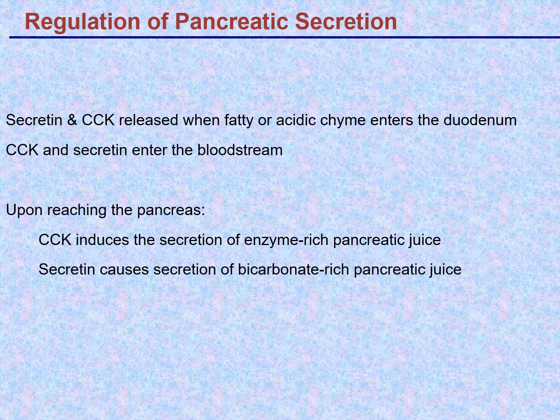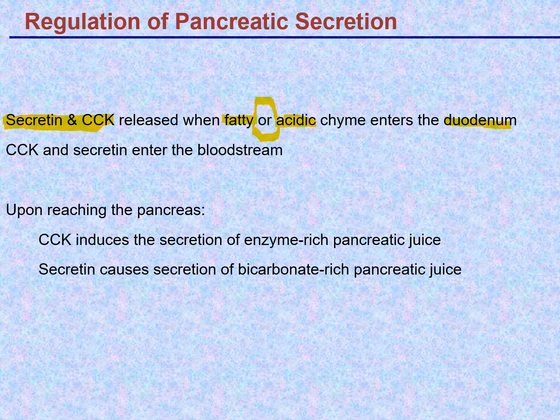Similar to bile production and release, which is affected by secretin and cholecystokinin, when we talked about the liver, pancreatic secretion of enzymes is also controlled by these same hormones, secretin and cholecystokinin. If a person eats fatty food, or there is acidic chyme entering into the duodenum, remember that's an important point, with bile it was acidic and fatty.